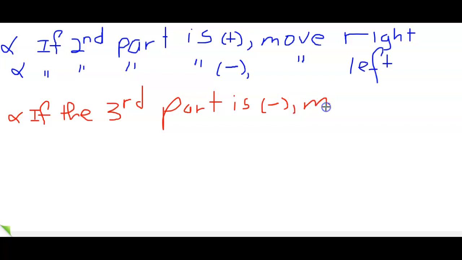In other words, if the second part was positive and you were looking to move right, the third part being negative would mean you now have to move left.